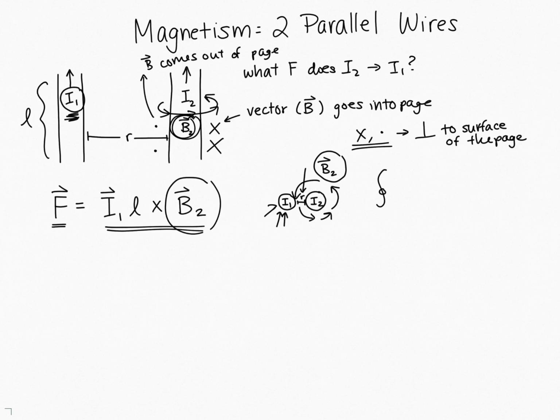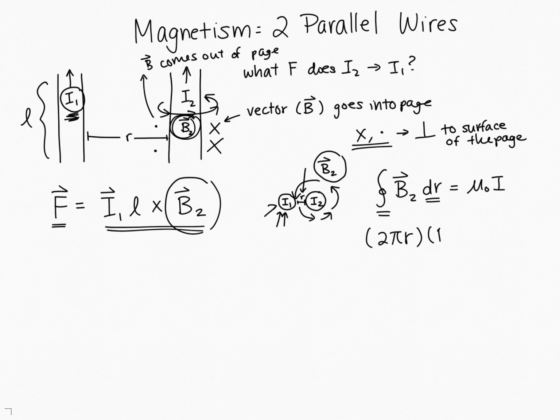So we have Ampere's law, which is that the single loop integration of B dot dr is going to equal mu 0 times I. In this case, the integration of B dr is just going to equal the circumference of our circle.